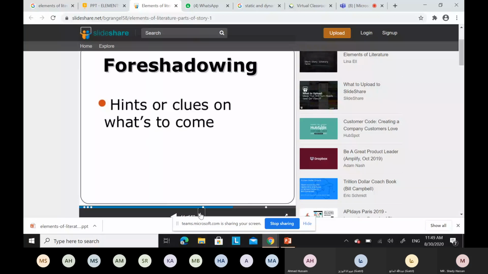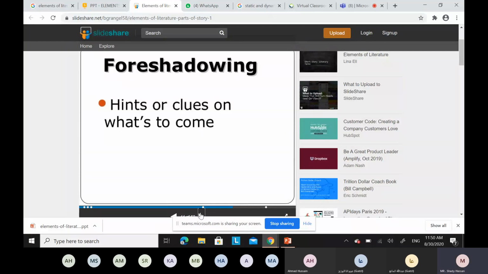Foreshadowing: it's hints or clues on what's to come. It's so important, actually. It's one of the main points that makes the story succeed. Because of what? Because foreshadowing is making some kind of suspense.